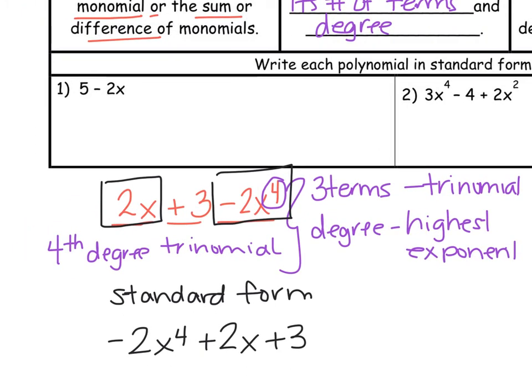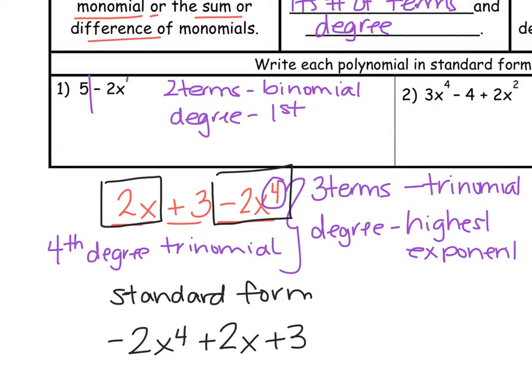So let's take a look at example 1. In example 1, we have 2 terms. So this has 2 terms, and we call that a binomial, and its degree is the 1st degree. So it's a 1st degree binomial because this x has an exponent of 1.